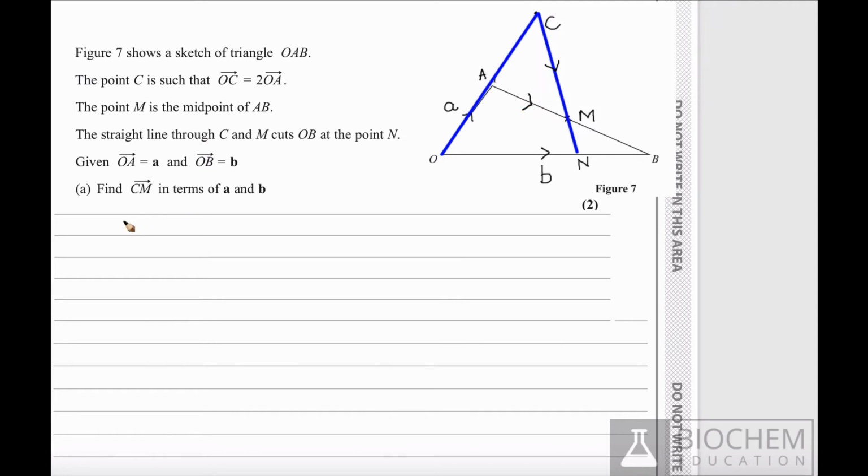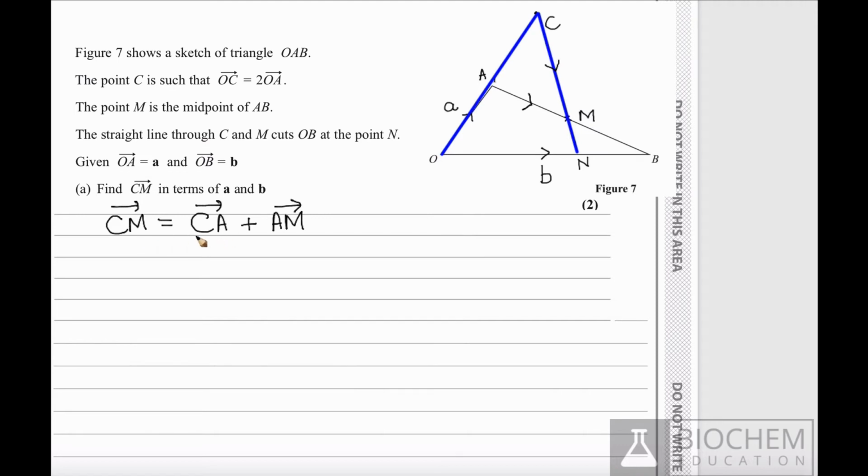So writing it down, we can say CM vector equals CA vector plus AM vector. Now, do we have CA vector and AM vector in order to calculate CM vector? The answer is no. So we will have to find CA vector as well as AM vector and substitute the values here in order to calculate CM vector.